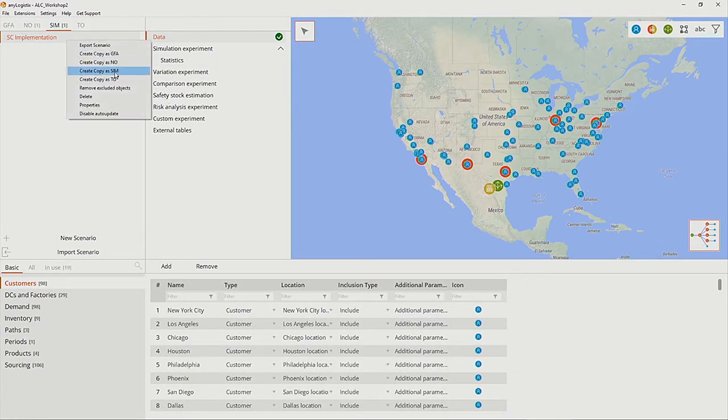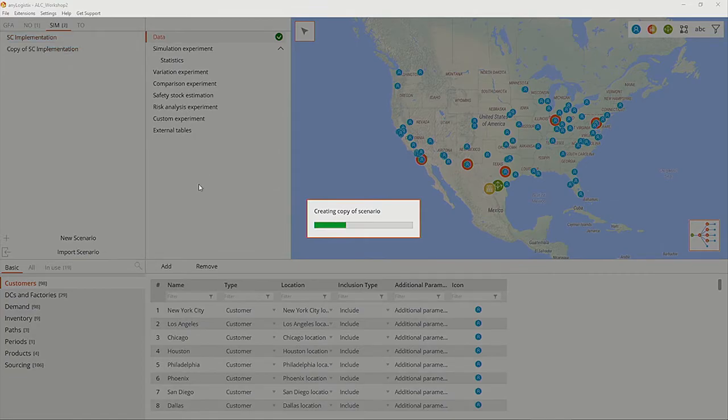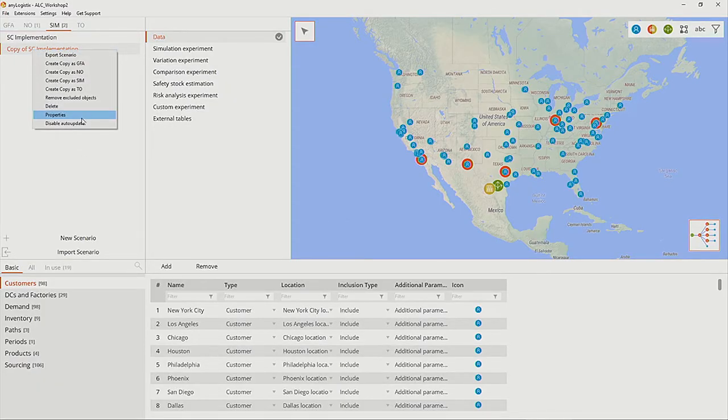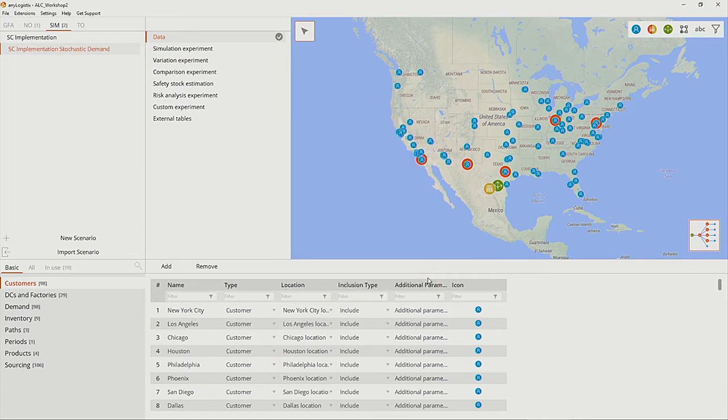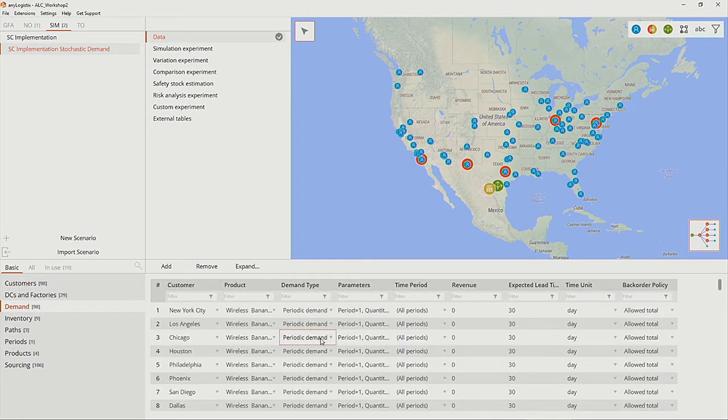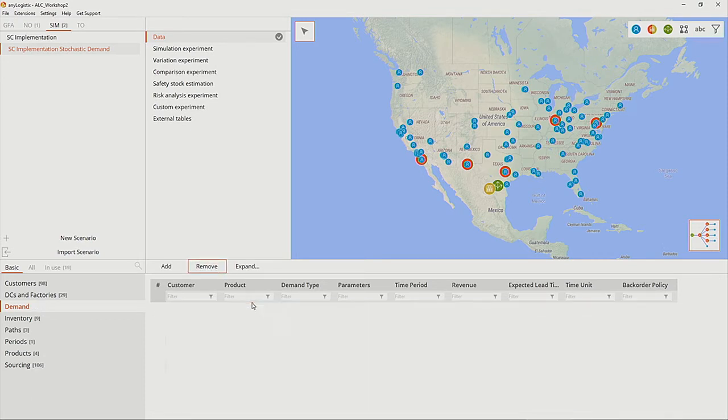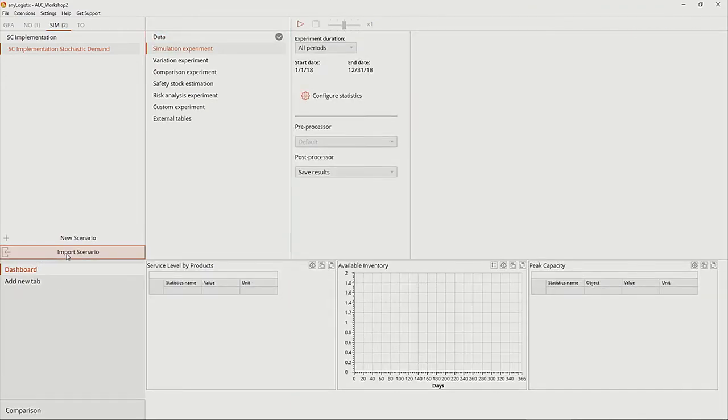I will make a copy of our scenario. A new name will be implementation stochastic demand. And I will use another AnyLogistix feature, which is partial import.